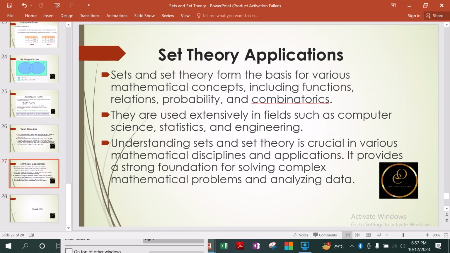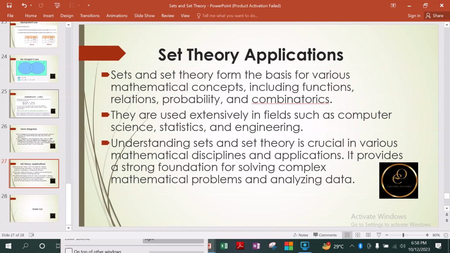In sum, I can say that sets and set theory form the basis for various mathematical concepts, including functions. Later, when we look at other slides coming in future, we'll realize this information is very important because we tend to relate certain variables using set theory. It will help us to calculate.